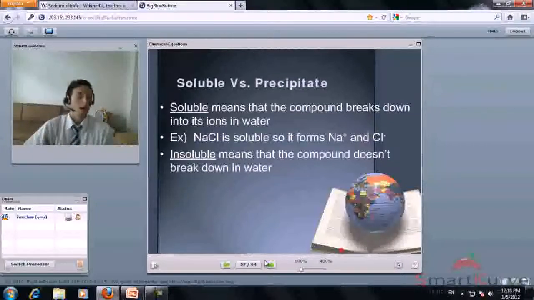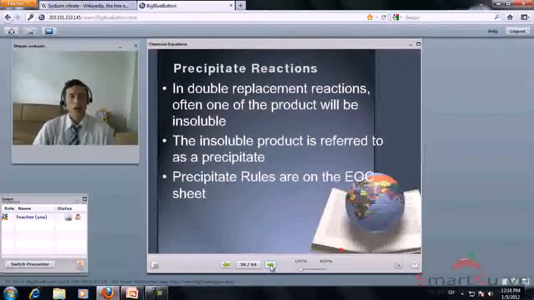Insoluble would mean the compound does not break down in water. Here, we see on slide 58, we see that in double replacement reactions. Often one of the products will be insoluble, and the insoluble product is referred to as the precipitate.